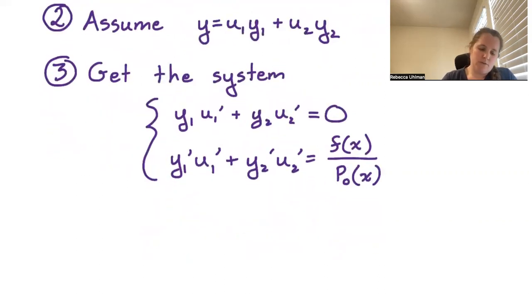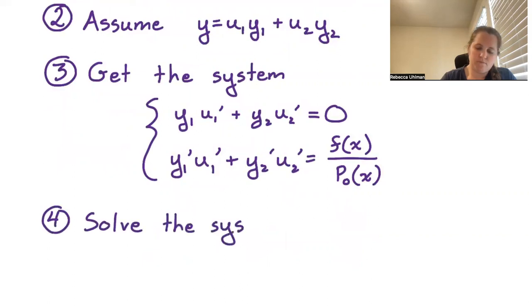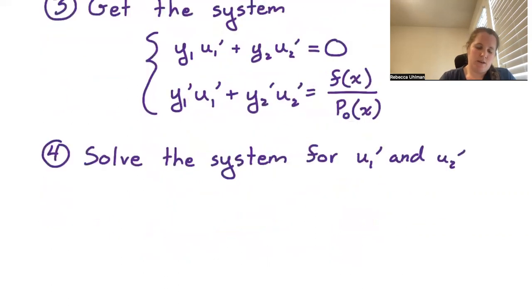From here, we solve the system for u1 prime and u2 prime. Then we solve for u1 and u2.